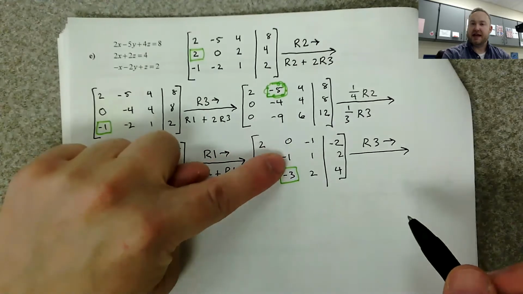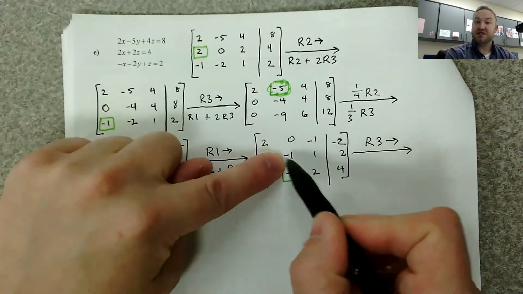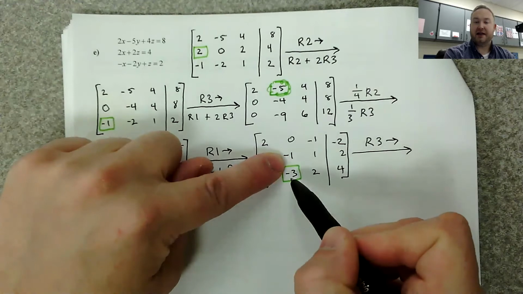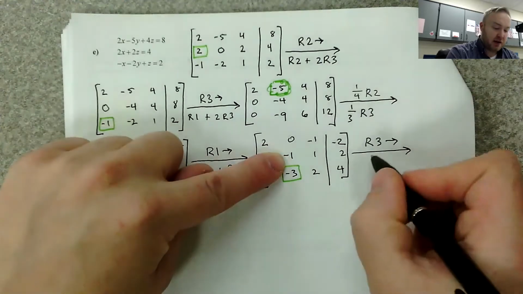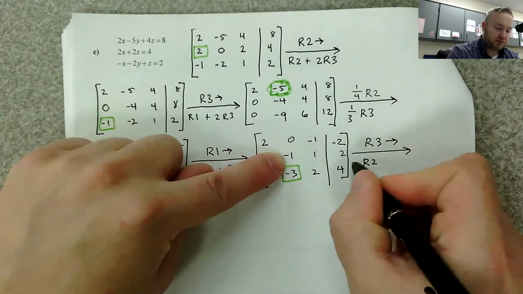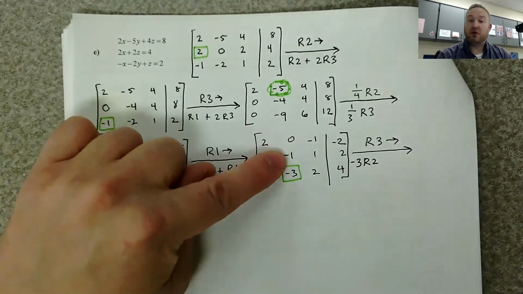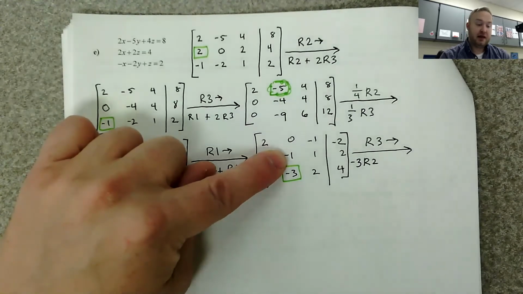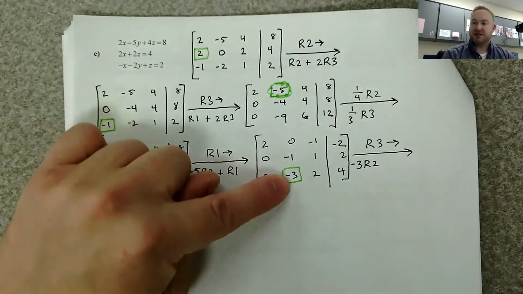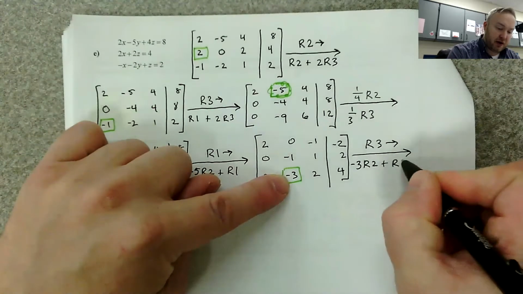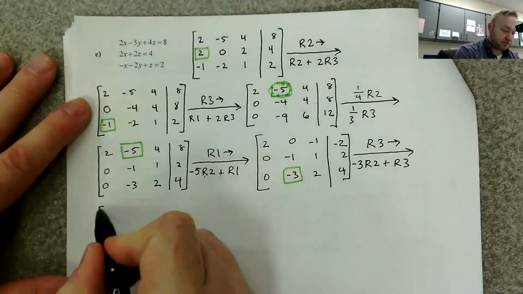I'm going to have to use this -1. I need this to be a +3, so I can add it to -3 and get 0. So I'm going to take the number in row 2 and multiply it by -3. -1 times -3 will give me a +3, and that'll go with my -3 to make 0. So I'm going to add the number below it in row 3.